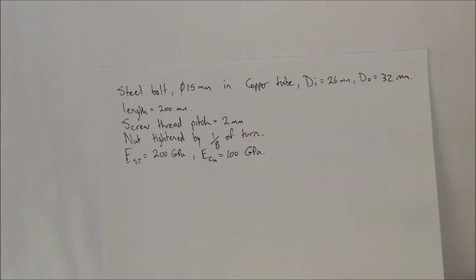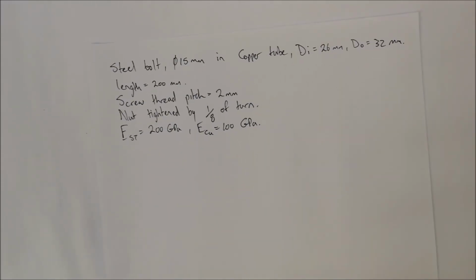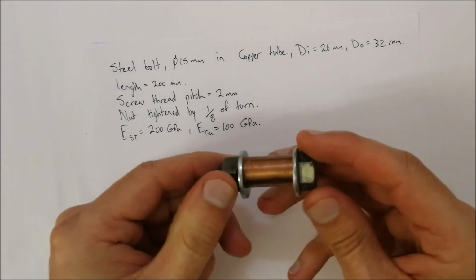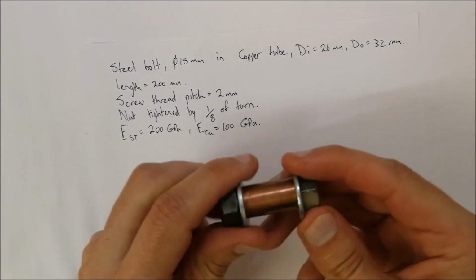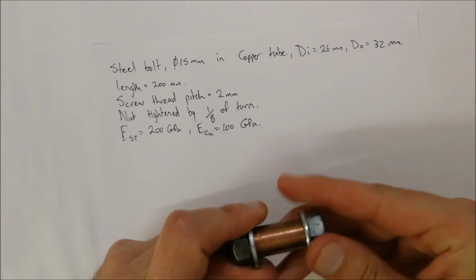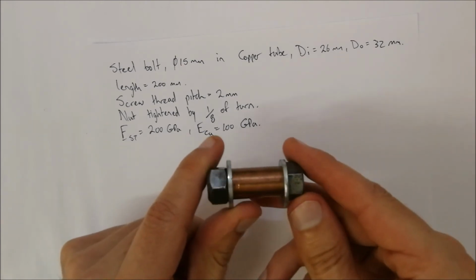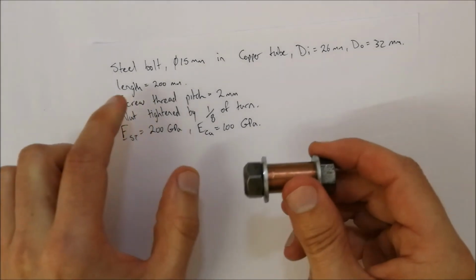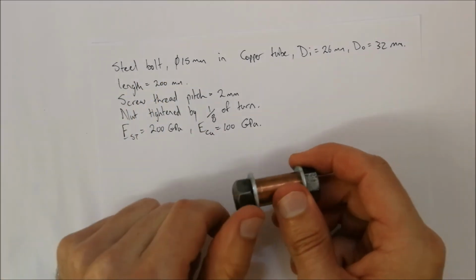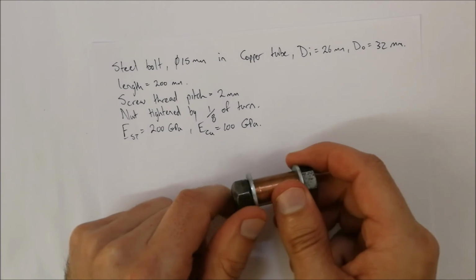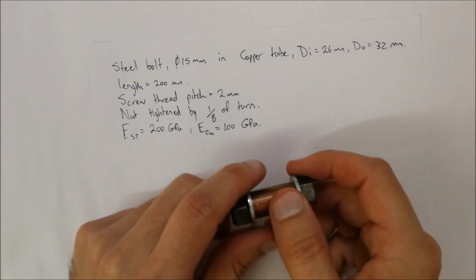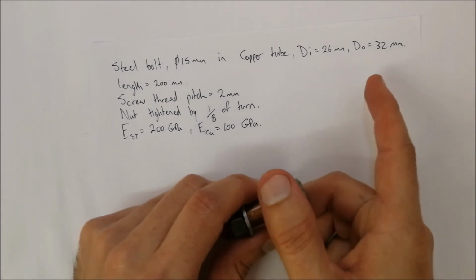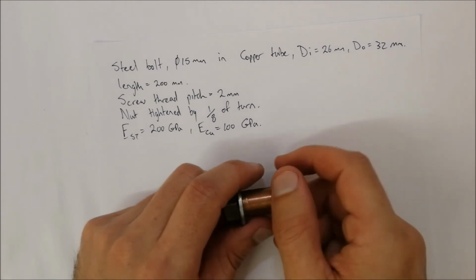So let's have a look at an example where we've got this scenario. We've got the copper tube that's on the bolt again, so even though the dimensions might be a little bit different, the same scenario applies. We've got a steel bolt, 15 millimeters in diameter, inside a copper tube which has an inside diameter of 26 millimeters and an outside diameter of 32 millimeters.